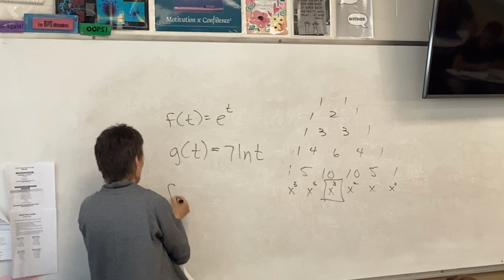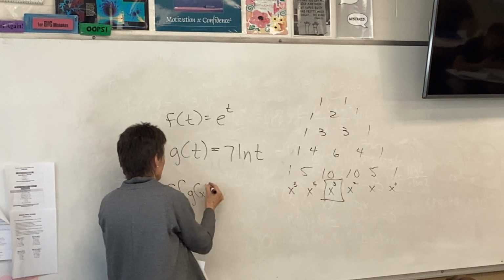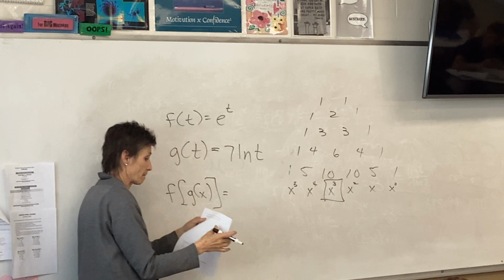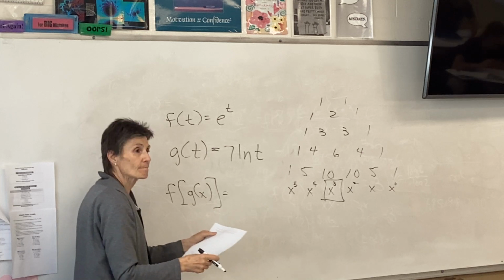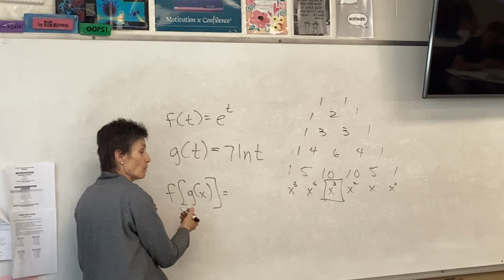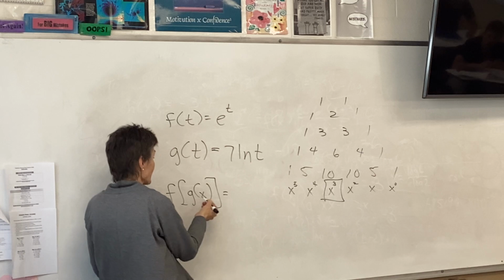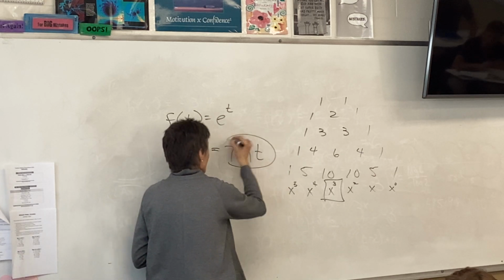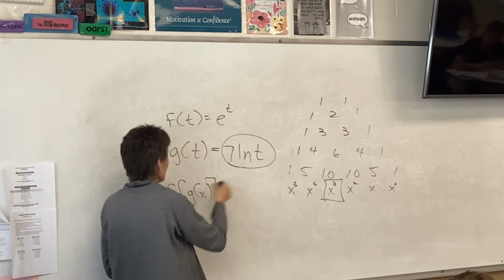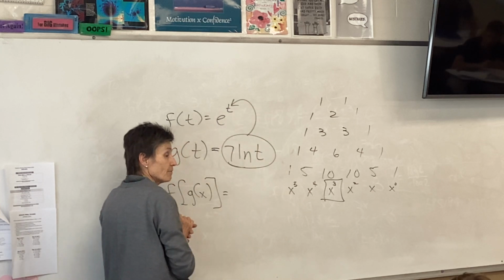And we're going to build the composition f of g. So what does that mean? If we're building the composition, it means we take g and plug it into f.